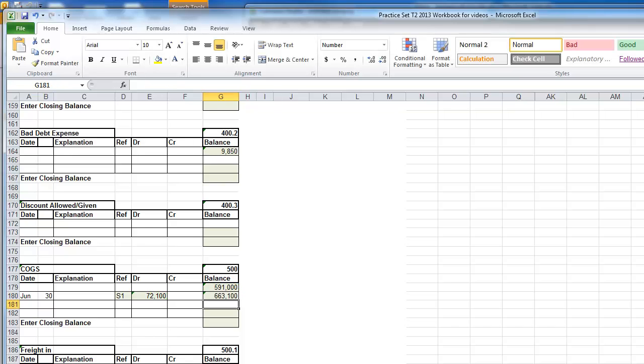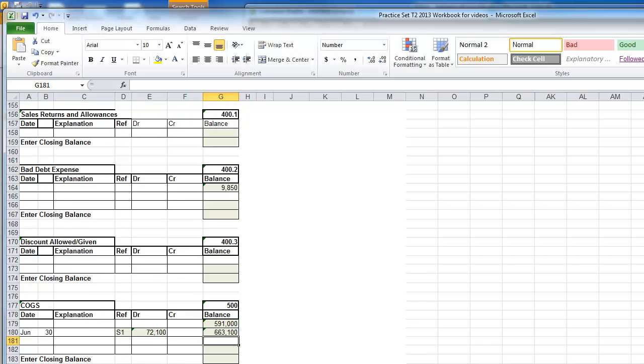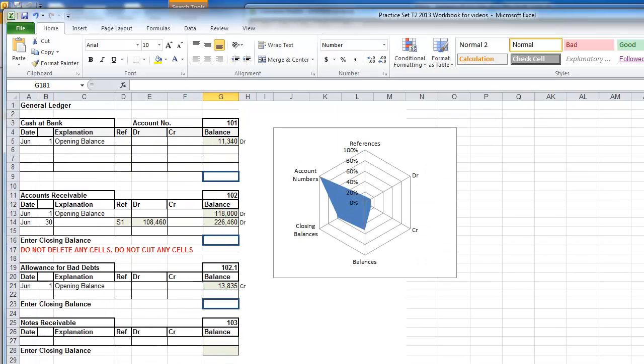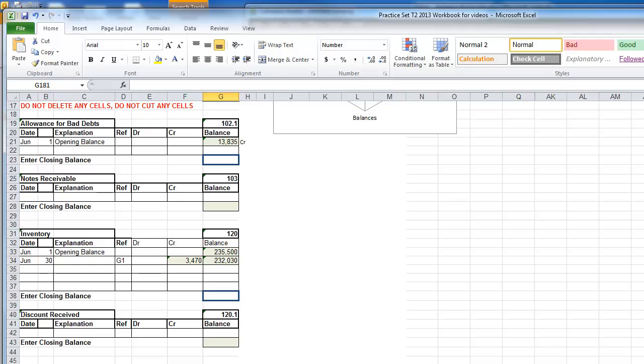Now the next item we'll need to put in, and we could go two ways to do this. No, I'll just focus on one. This will be June 30. This will be a credit to our inventory. Now, it is possible, depending on the order you do these things, that this could momentarily go into a credit balance because you're recording your sales before you're recording your purchases.